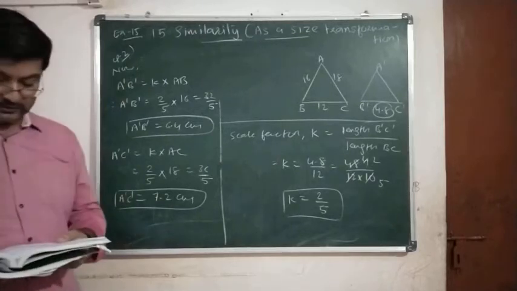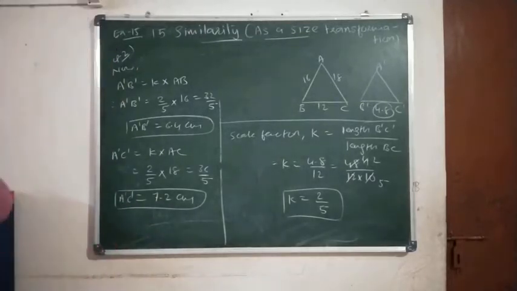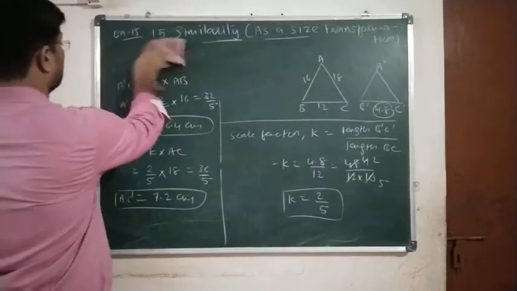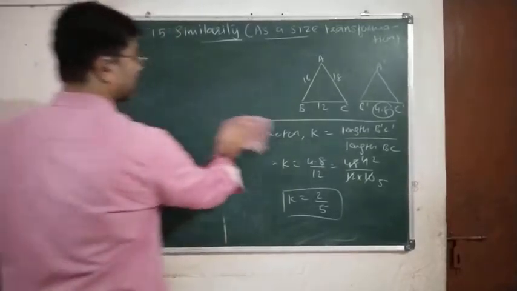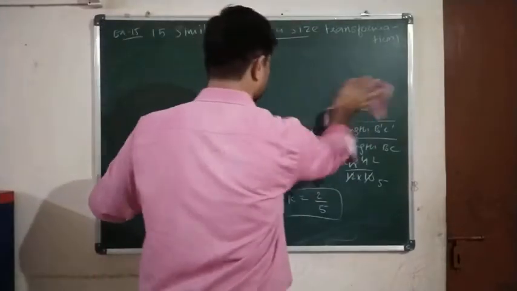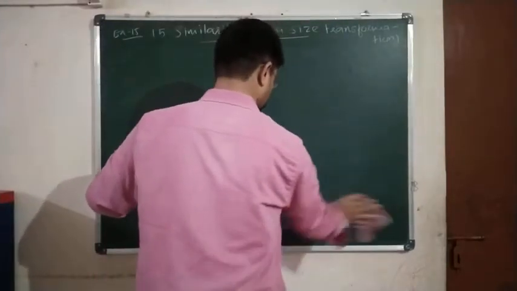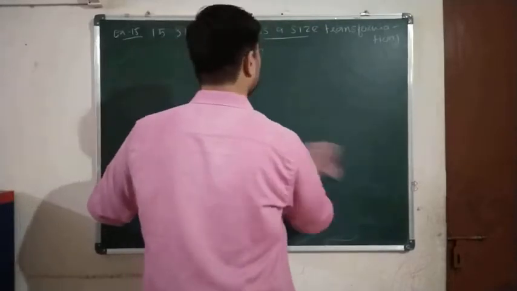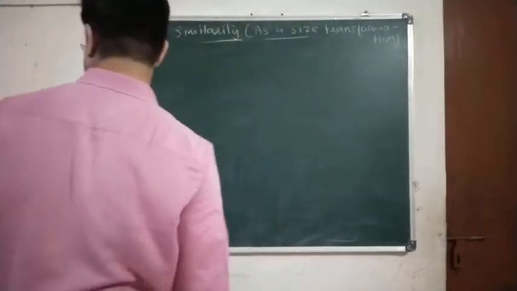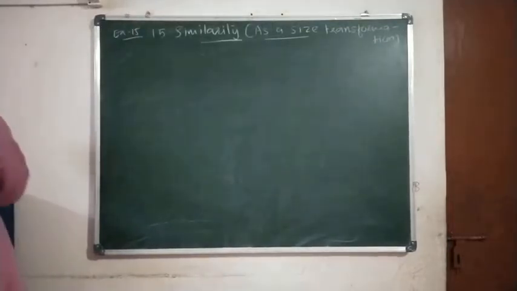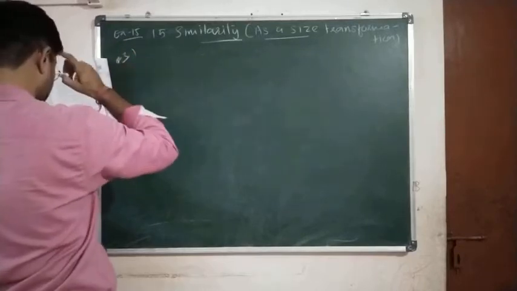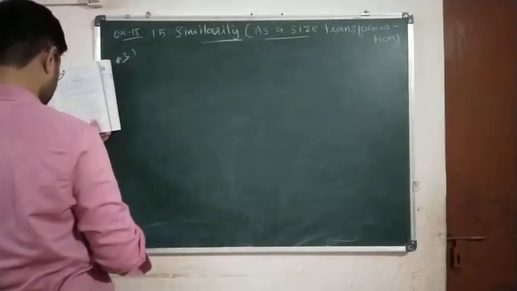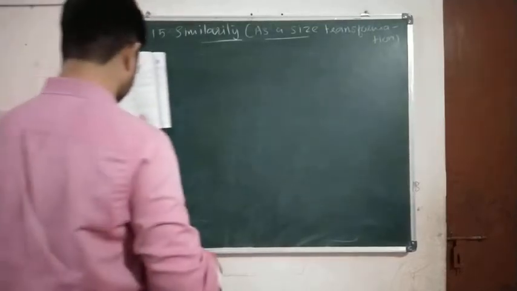Now let us solve question number 3. In question number 3, triangle PQR is reduced to a scale factor.